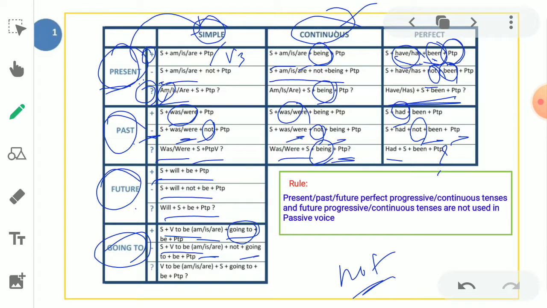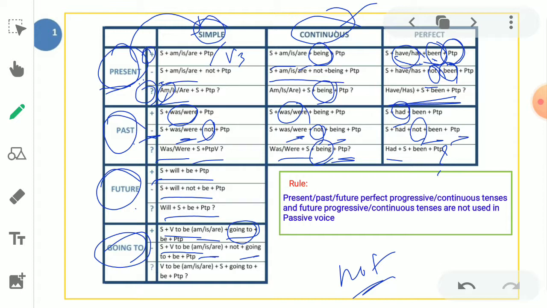The going to form is already given in the sentence, but when you convert the sentence into passive form, keep in mind: subject plus am or is or are plus going to plus be plus V3 form.